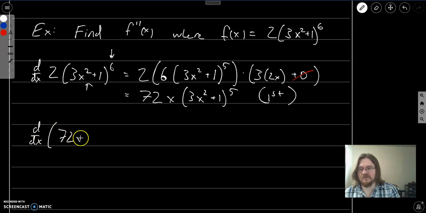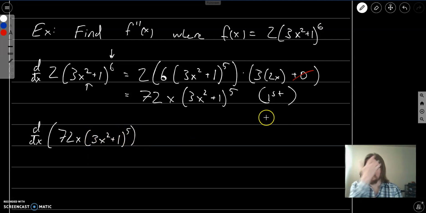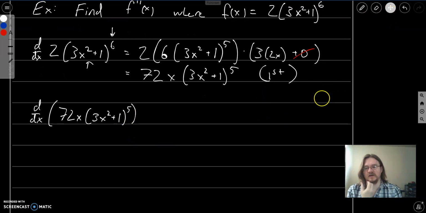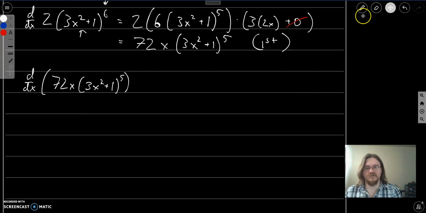So 72x times (3x squared plus 1) all raised to the 5th power. So here we have two functions being multiplied together. So we're going to have to use the product rule.